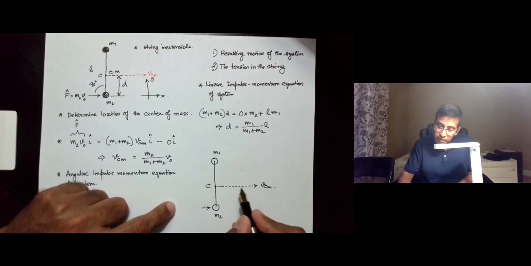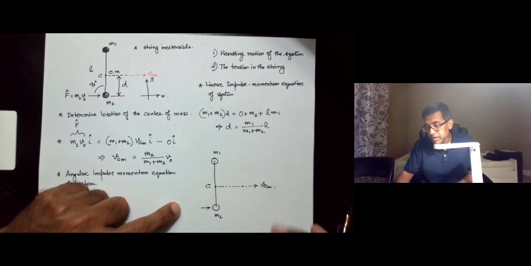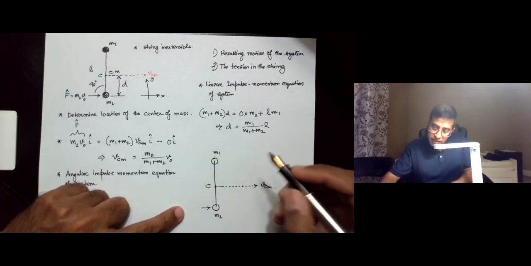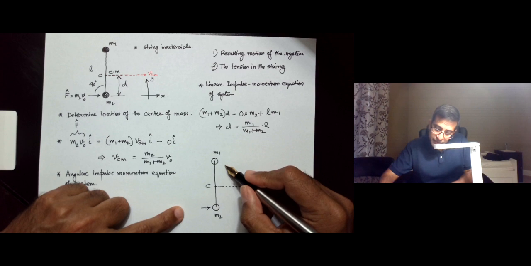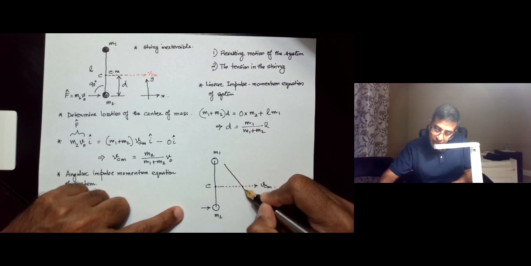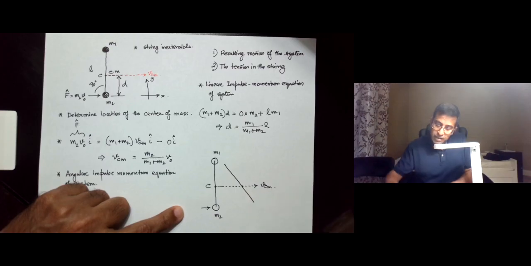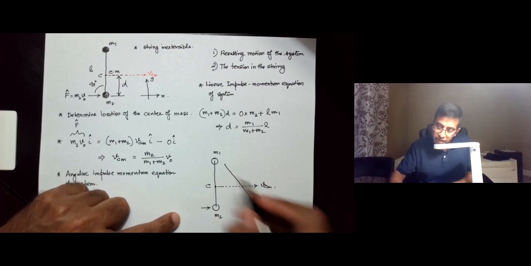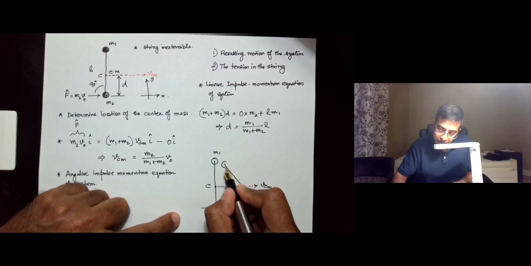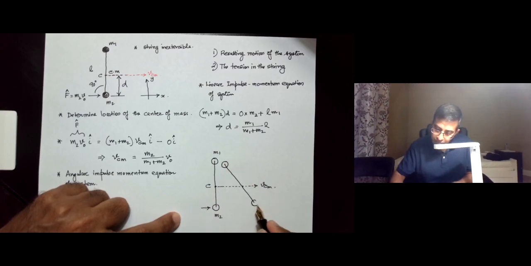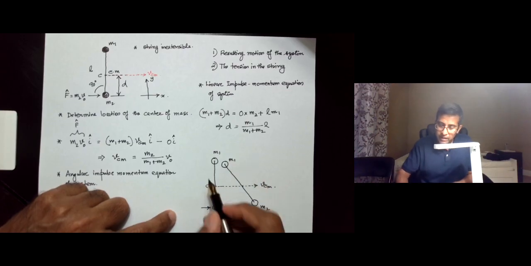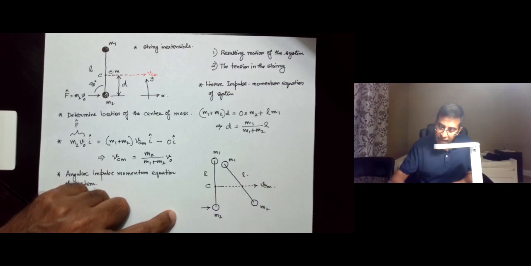So if you consider the configuration of the system after, let's say, a few seconds, we are going to notice that the two particles are now somewhat like this. Here you have M1 and here you have M2. Still the distance between the two is L.